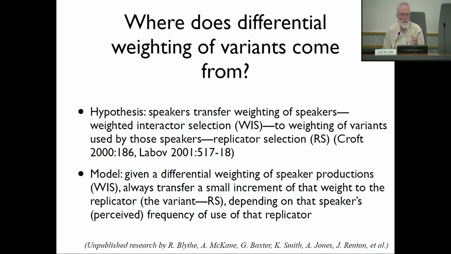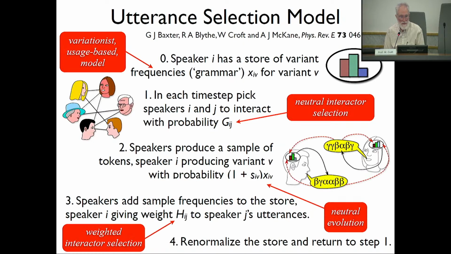I never thought of it that way, but once I saw it, I thought, oh yeah, that sounds reasonable. A little bit rubs off, so every time you basically adjust the replicator selection to reflect the speaker's value. So there's our model. They added in replicator selection, and we get the weight from Hij rubbing off into that S variable.